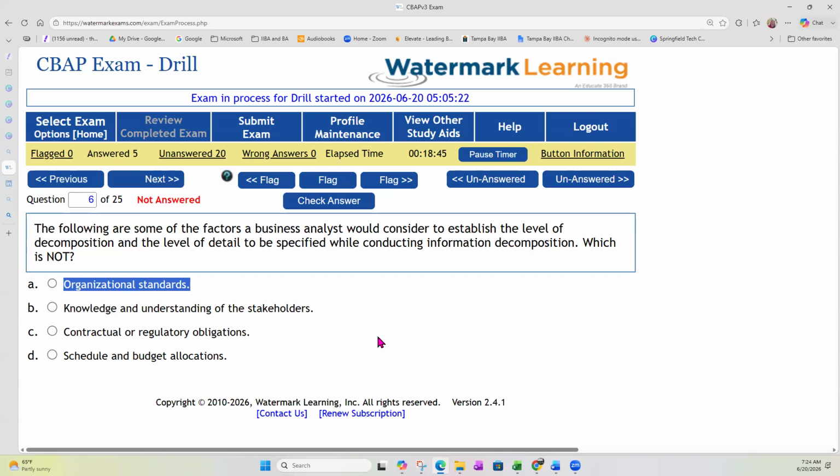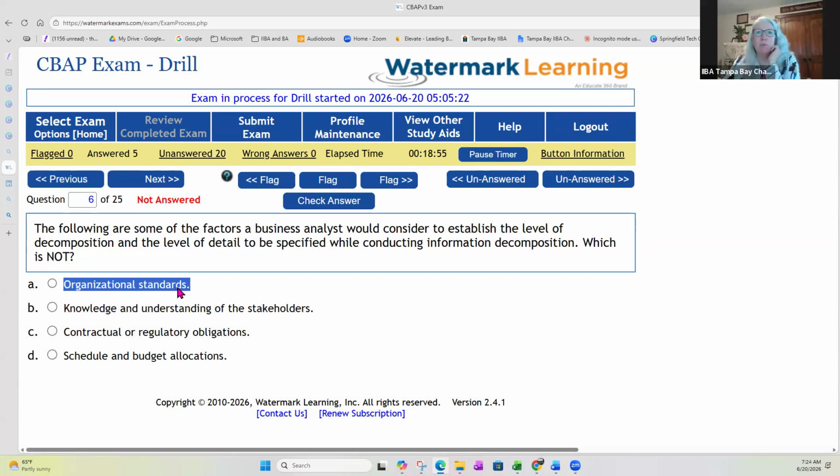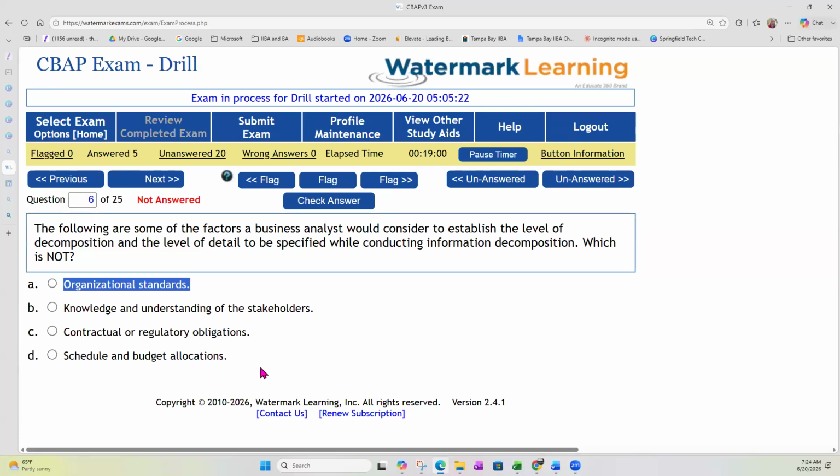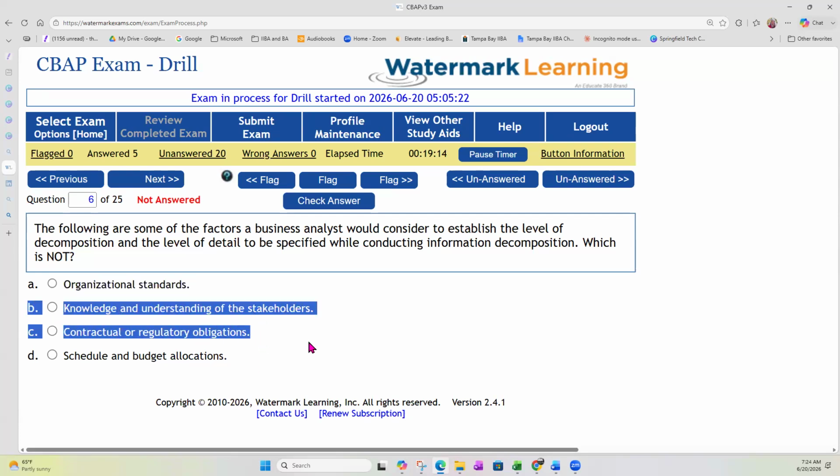This is a not type of question, so I'm divided between A, Alabama, and D, Denmark. Okay. Tell me why you like each of those. I don't like them because I prefer the other two. The knowledge and understanding of stakeholders will determine the granularity, if we are talking to business owners, to developers, that kind of stuff.